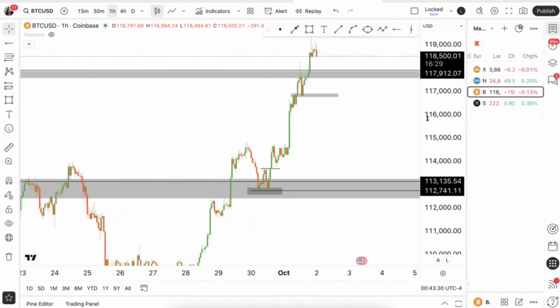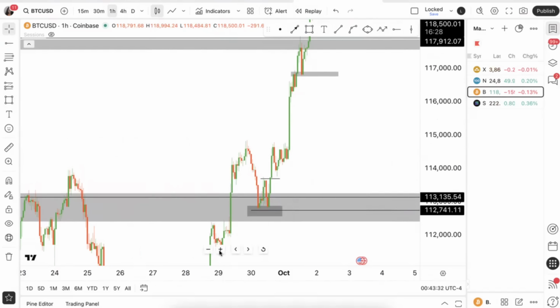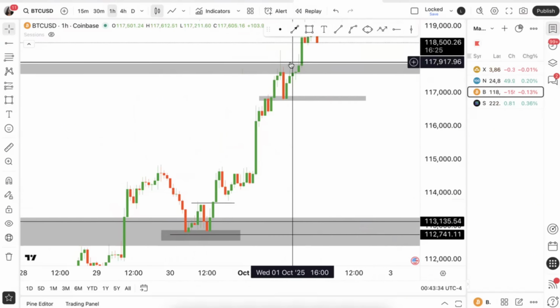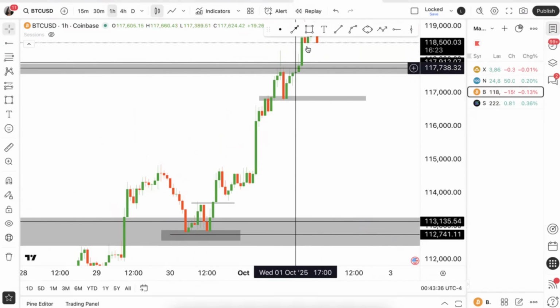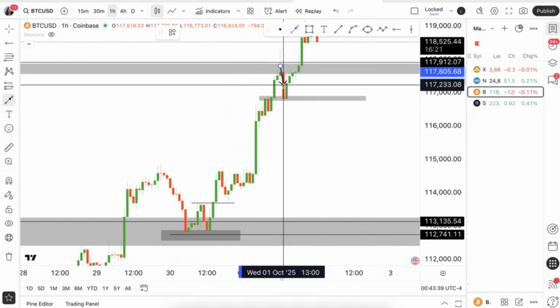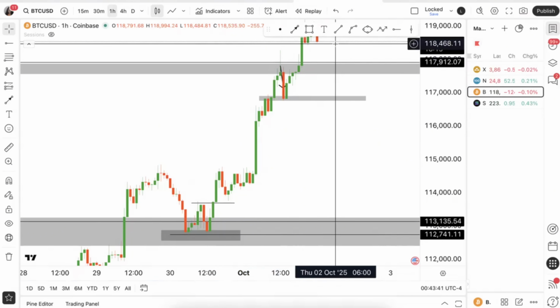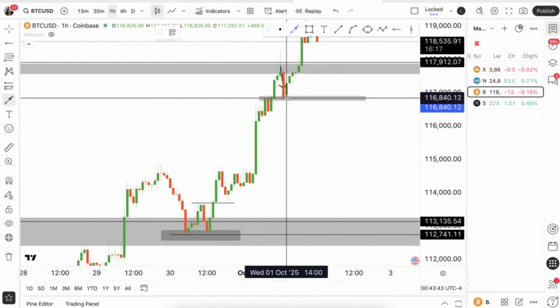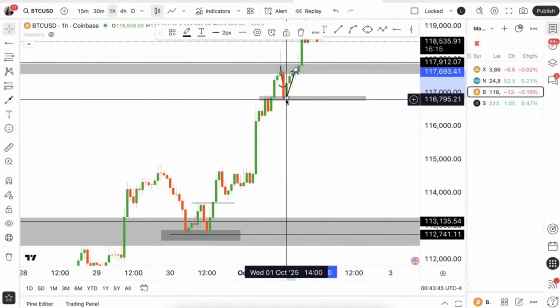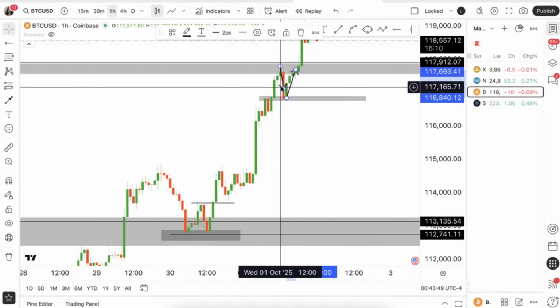The reason why this is a level of support for me is because if we zoom in, we can see that price came down. Sellers kicked in, sellers pushed, tried to, but buyers were too strong. Buyers ended up pushing back, right? So this level shows me that buyers are pushing from this level. Now, is it really strong?